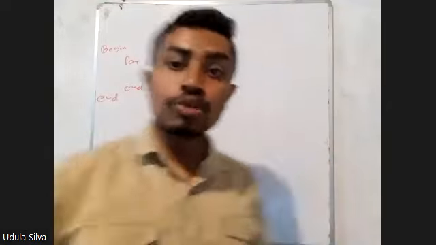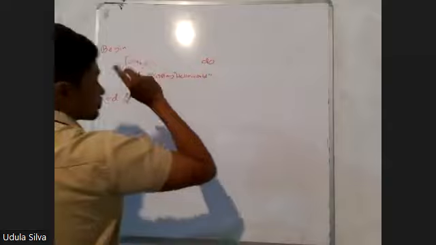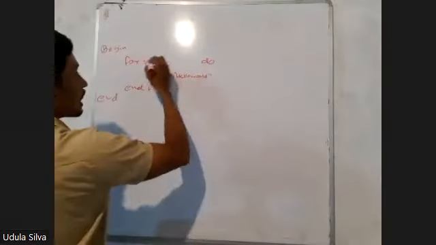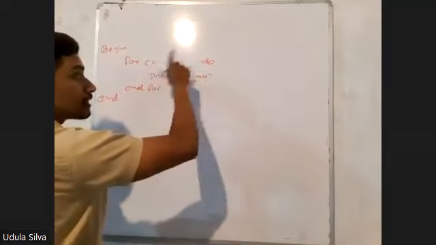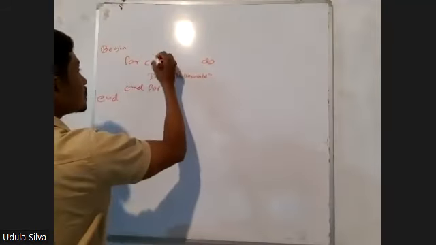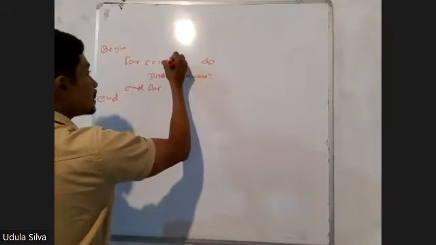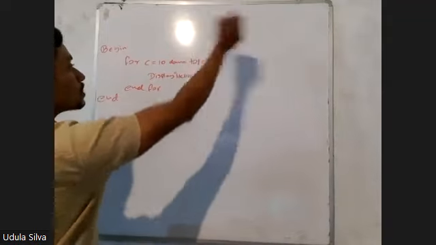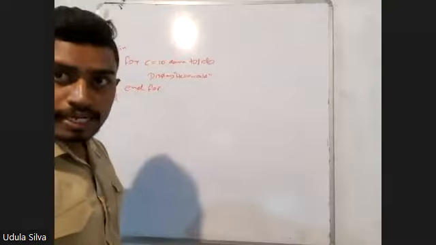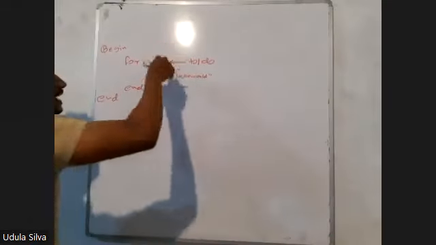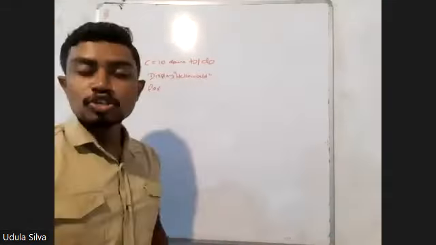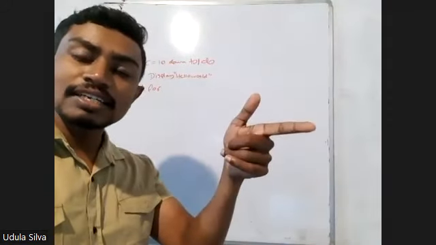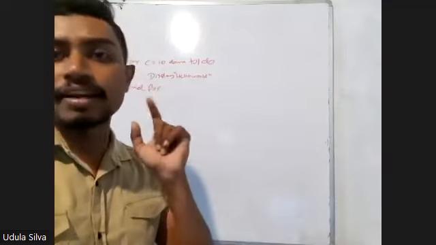So for the for down to do loop, we have to give the highest value first and then the lower value. For c equal 10 down to 1 do. So your c's starting value will be 10, and in each round c's value will decrease by 1.